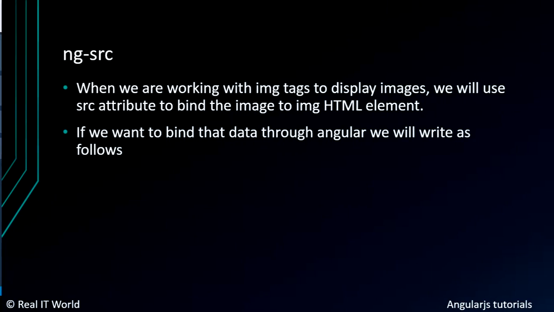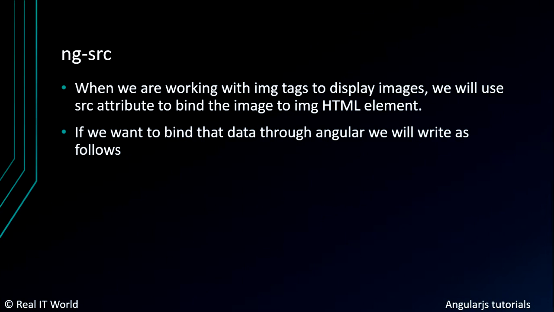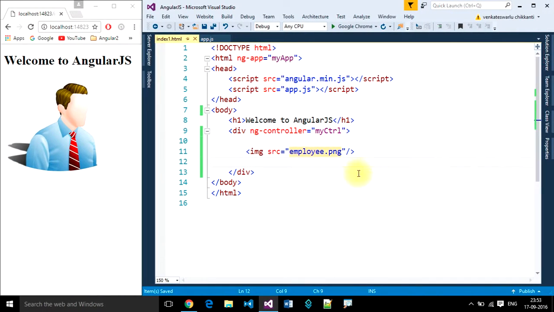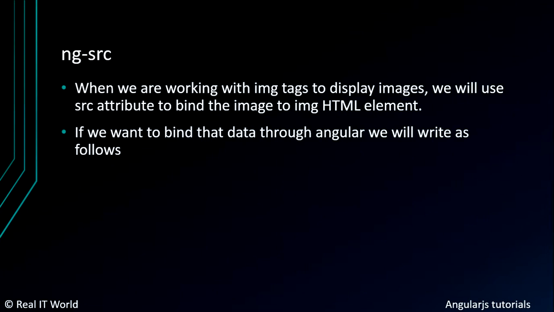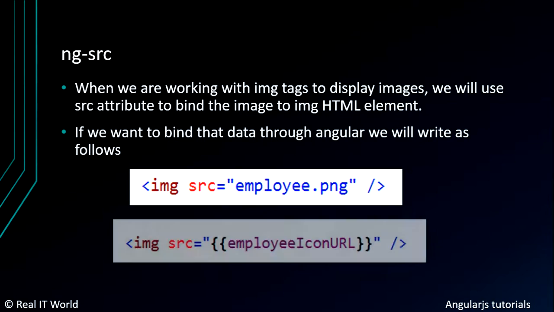Now if we want to bind that data, sometimes if you are working with AngularJS, you might need to bind it dynamically. So if you want to bind that image URL dynamically through AngularJS, we will write as follows, like this: img src, interpolation statements, then variable.